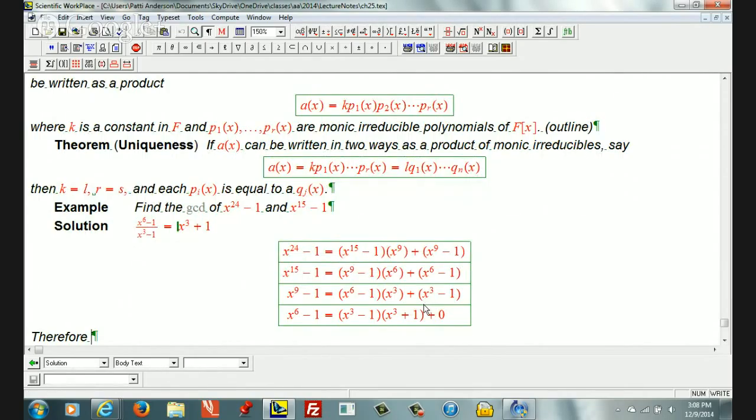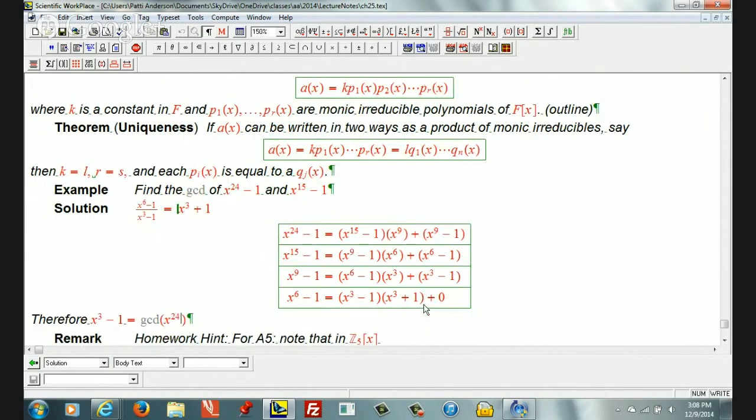So in this case, this is going to be x cubed minus 1. I'm going to write the GCD of x to the 24 minus 1 and x to the 15 minus 1. How did you know that? This is always so when you're doing Euclid's algorithm, which is what I'm doing to find the greatest common divisor: the last non-zero remainder is the greatest common divisor.